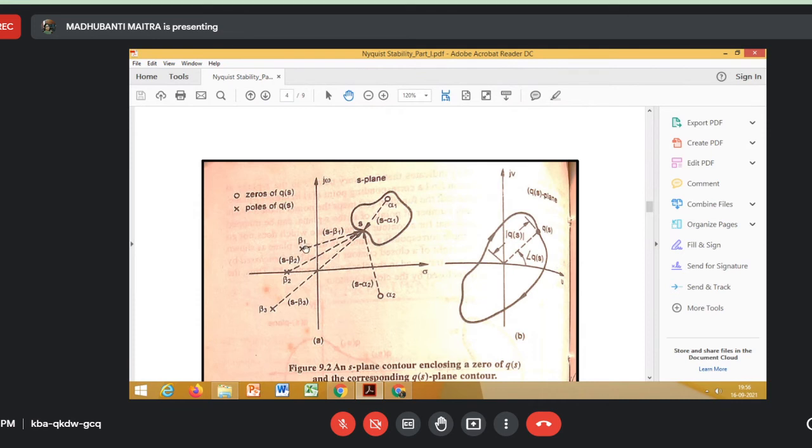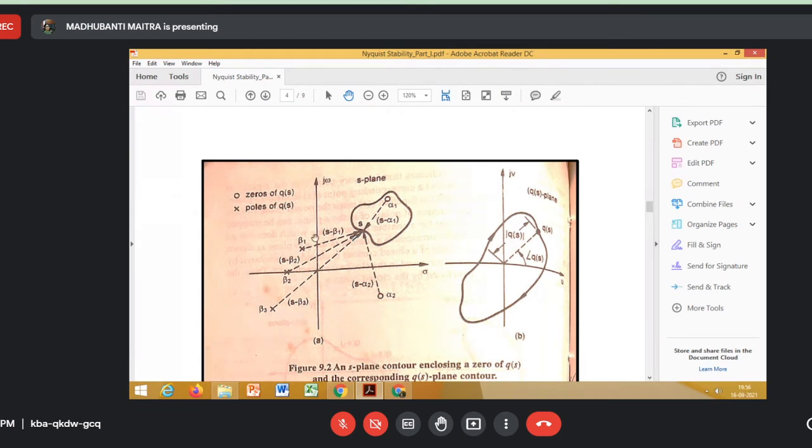This phasor will change like this, for different values of S on the contour, and finally the ultimate phasor will be this one. So for this phasor, what is the net change in angle?